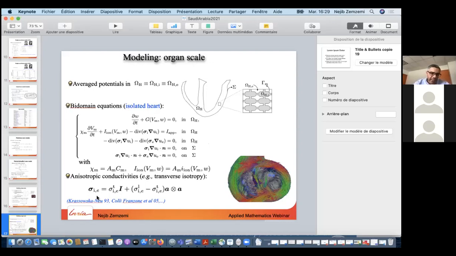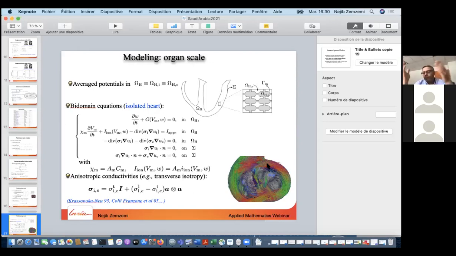You can imagine that the conductivities here, the tensors, are anisotropic, and they follow the privileged direction of propagation. It is obtained generally by diffusion tensor imaging, DTI, which gives you the fiber direction of the heart.